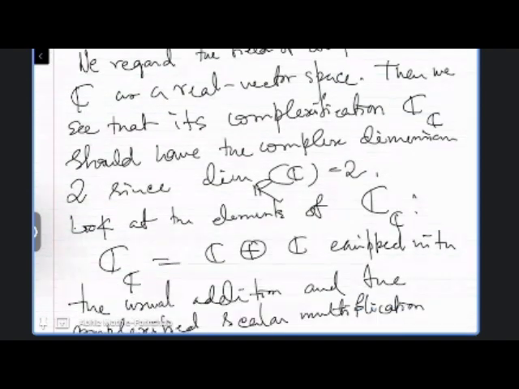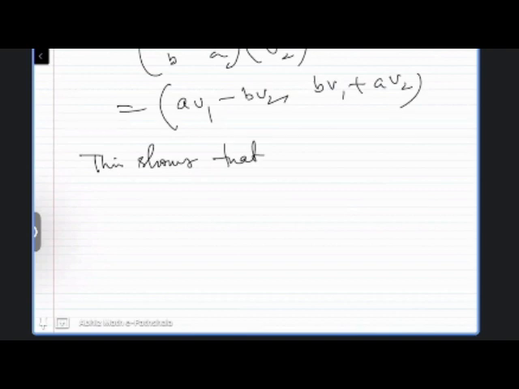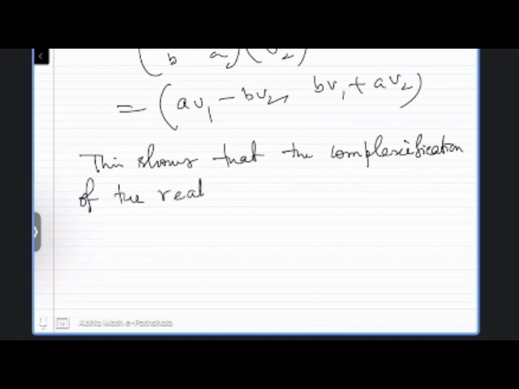Okay. So this shows that the complexification of the real vector space C, now we are looking at C as a real vector space and we are considering its complexification, should have dimension 2, right?